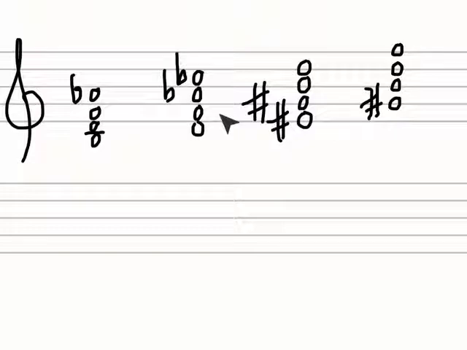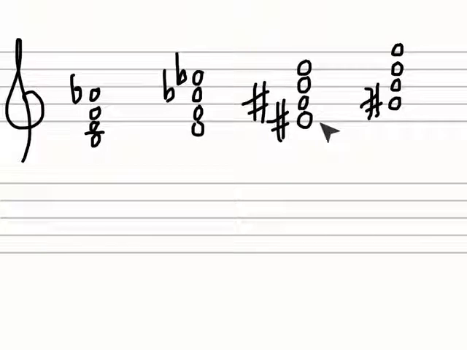The F, when it's now the root of the chord, is E sharp. The A flat is now G sharp. That's so we don't have F, A flat, C flat, and E double flat. That's why we spell it this way.